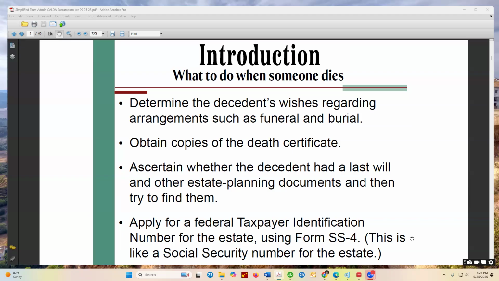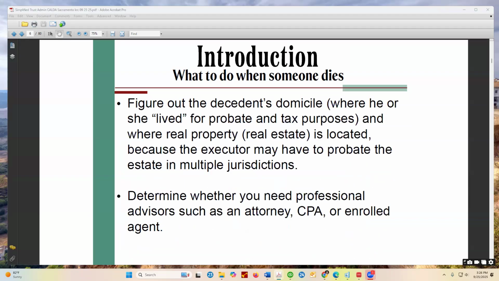Figure out the domicile, where the person lived. For estate administration, it's usually the office of the trustee, where the trustee lives or has a professional office. Sometimes we'll administer a trust based on where real property is located, and that would be the county where the property is.